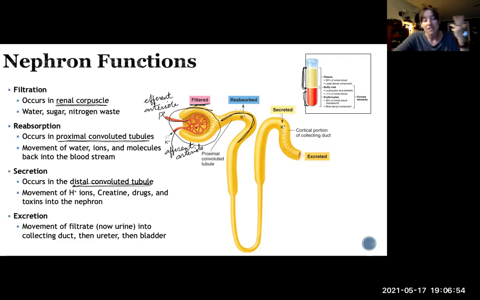Other drugs and toxins. So all of that stuff is going to be secreted back into the nephron to be excreted as waste. And excretion is what we call the movement of these waste products out of the body.